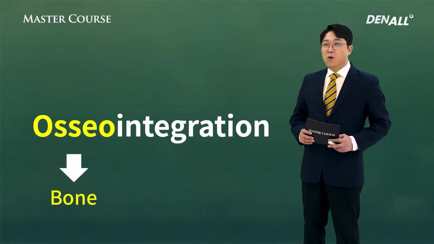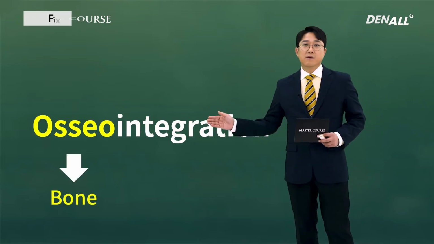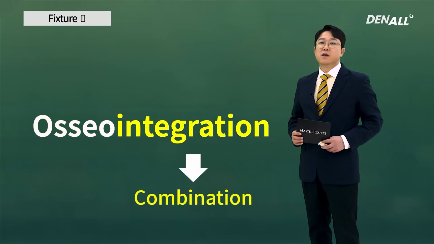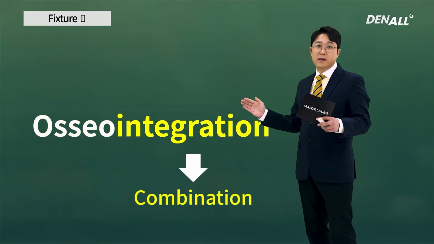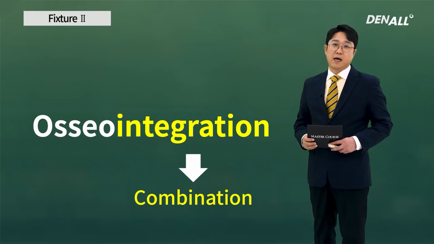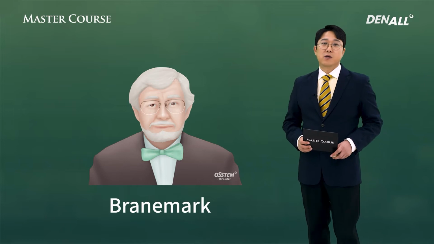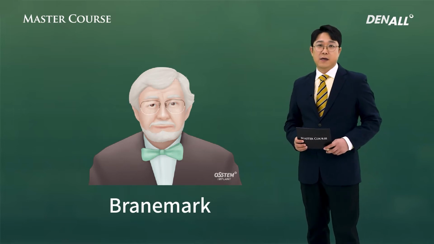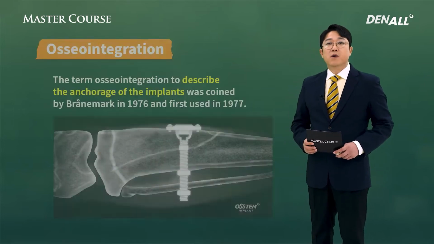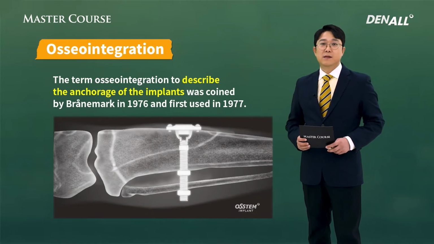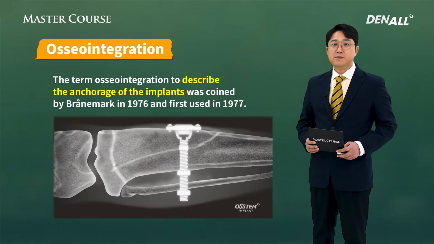That is the most basic concept. Osseo means bone. Integration means combination of things that have been separated. Professor Brånemark, who developed the modern implant, coined the word. It was the word to describe the relation between the implant and bone.